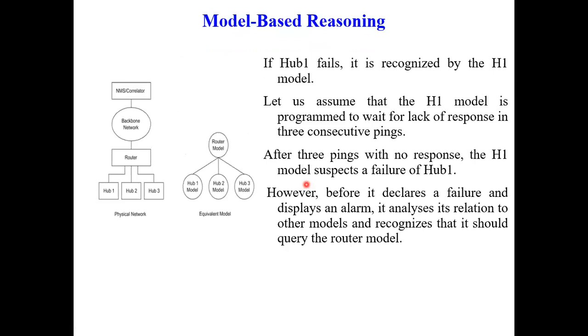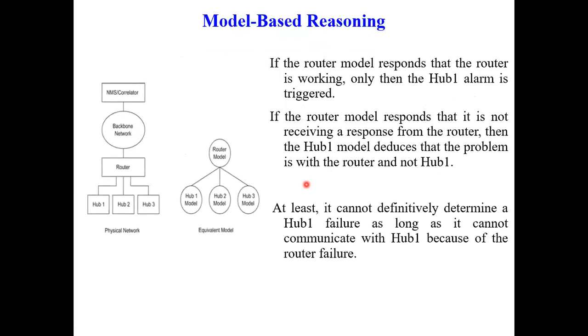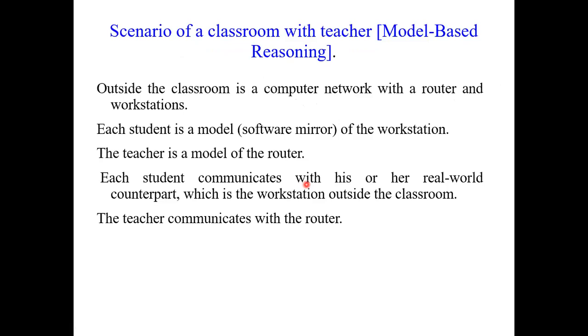So in the book there is a nice example that is given. Suppose we have a classroom. In the classroom there are students and one teacher, and outside the classroom I have a computer network with router and workstation.